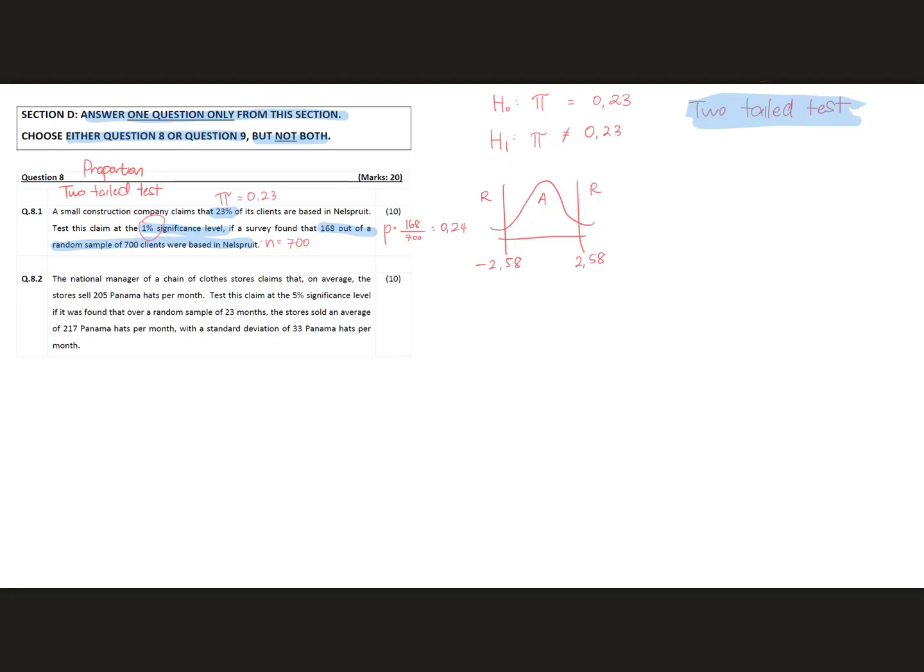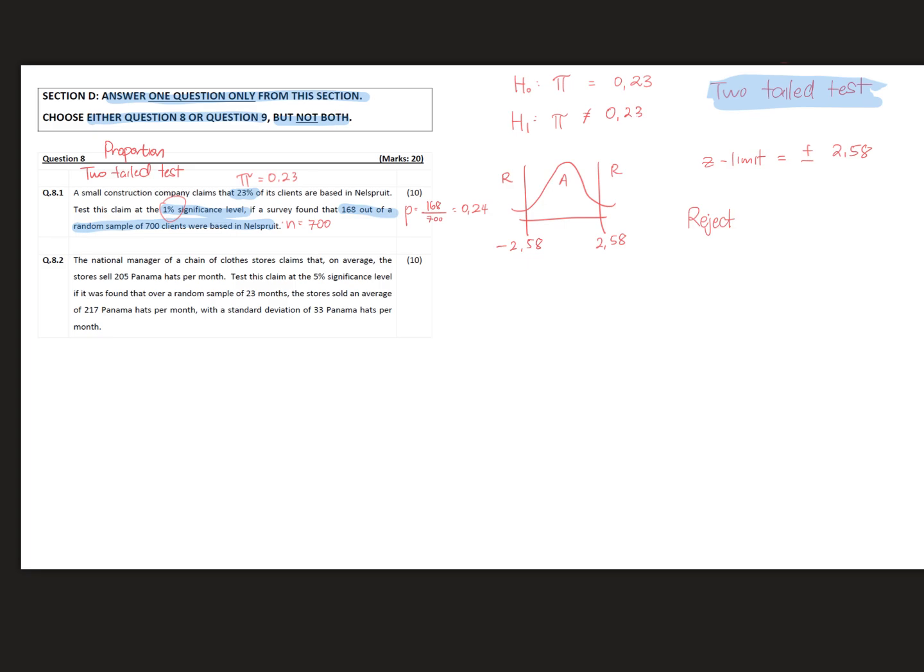So you need to firstly say that we use a Z critical limit of plus minus 2.58 and then just write it out in words. And as I said, you actually only need to write down the rejection region, but you can write down everything if you want. You can write down the acceptance and the rejection region, but I'm just going to write down the rejection region here.